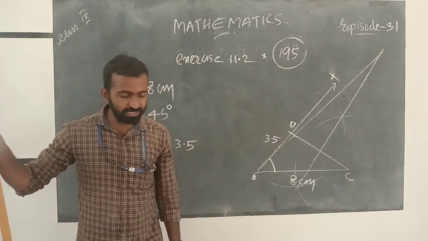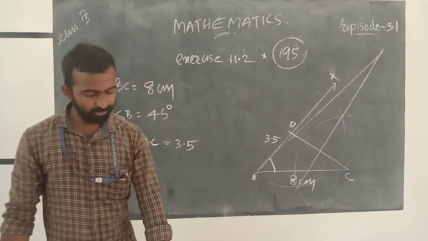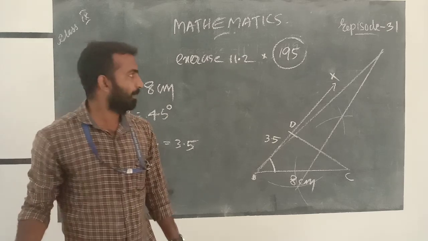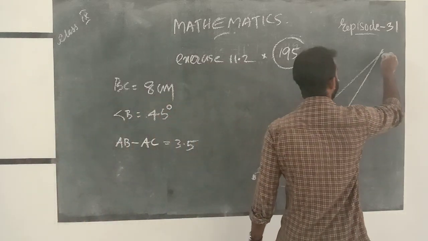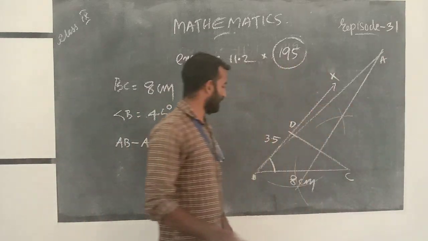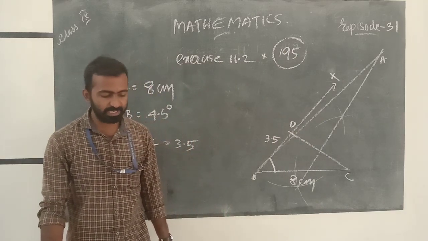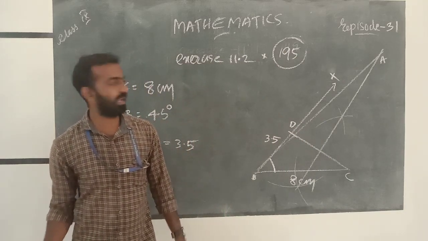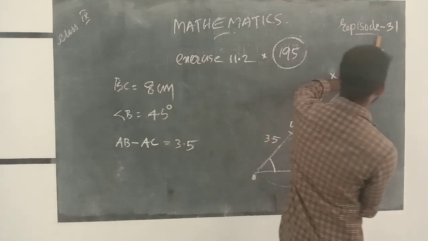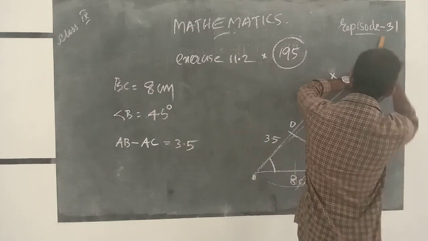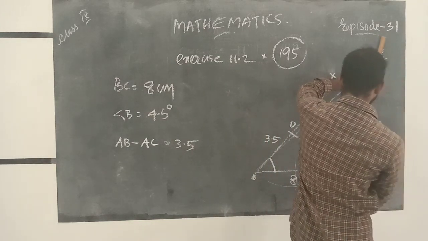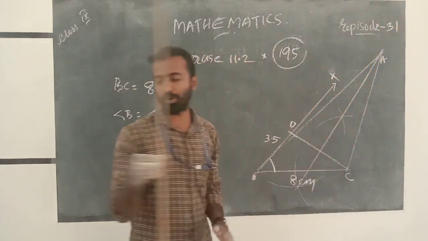And that point is our A. We join A to C, then we get the triangle ABC. This is the required triangle.